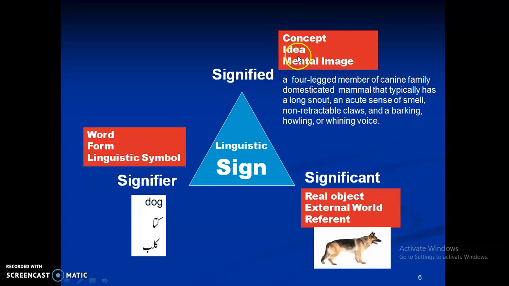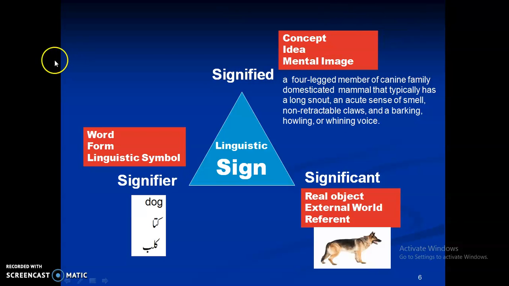One is the mental image. Everything we see in the world, like a dog, actually has some mental existence, a cognitive or conceptual existence in our mind. The theory of ideas says that a four-legged member of the canine family, a domesticated mammal that typically has a long snout, an acute sense of smell, non-retractable claws, and a barking, howling or whining voice, exists in everybody's mind.